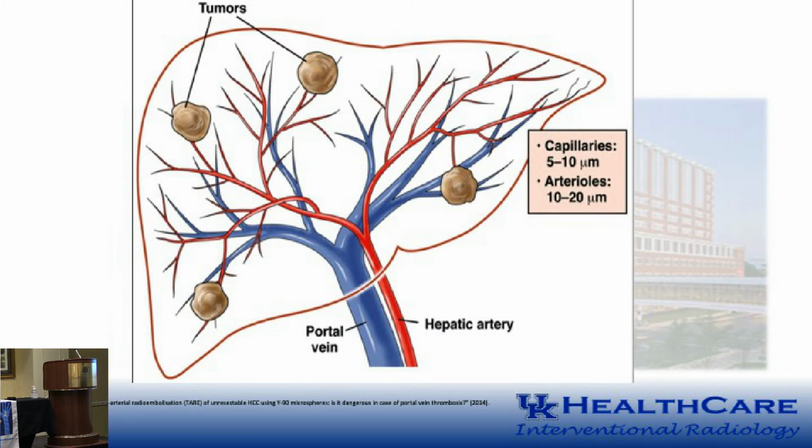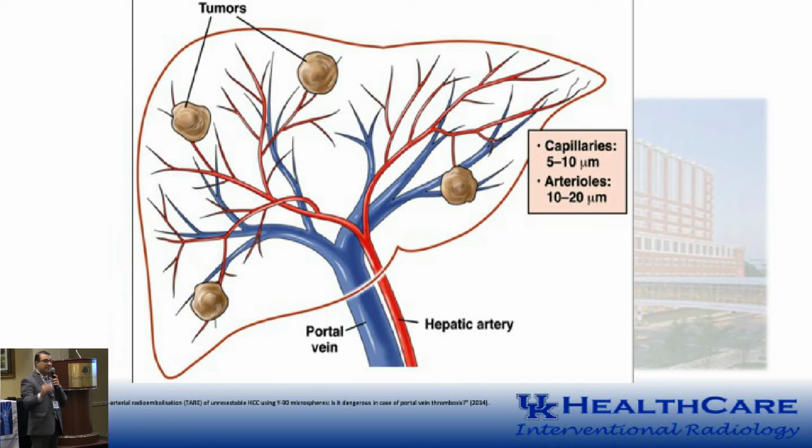It gets the remaining one third of its blood supply from the hepatic artery. So the liver, two thirds from the portal vein, one third from the hepatic artery. The tumors will get their blood supply only from the hepatic artery.